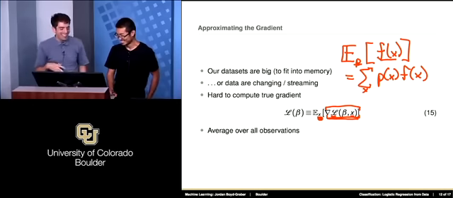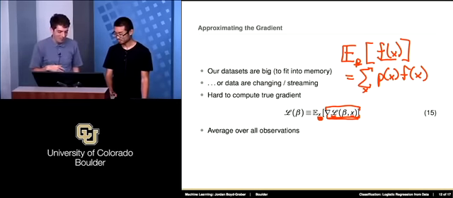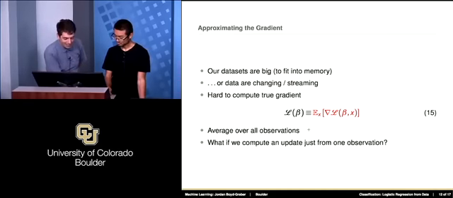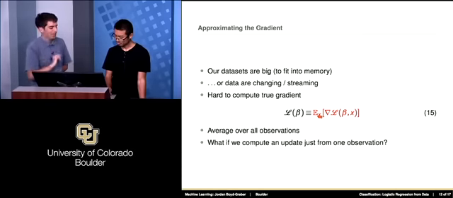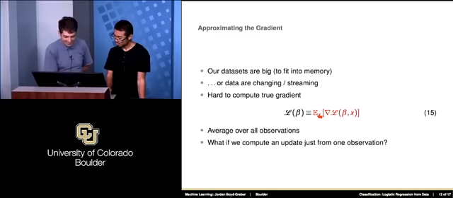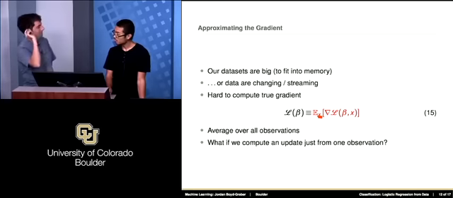But anyway, let's try to make a further approximation of this. What if instead of averaging over all of our observations in a data set, we just update from one observation? Instead of doing an expectation over all of our data, just look at one observation and compute the gradient based on that observation.